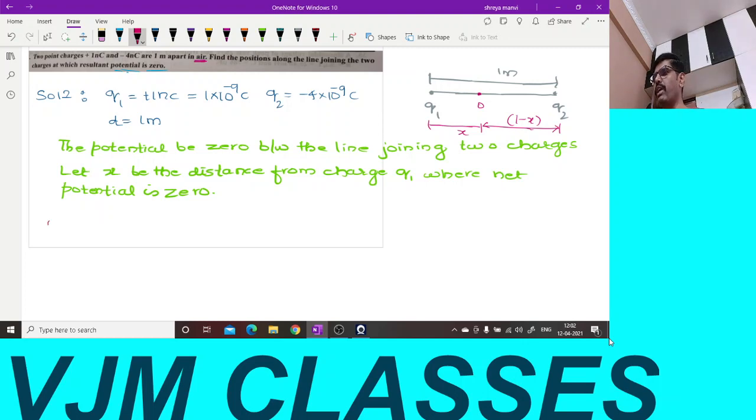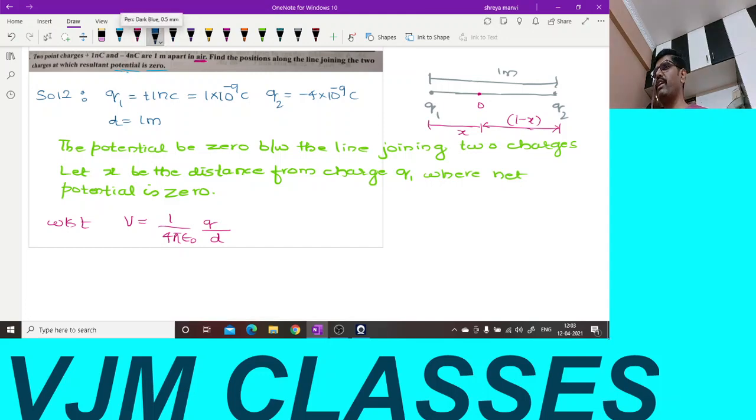So we know that if I take potential at any point due to a point charge, in general it is given by 1 by 4 pi epsilon naught q by d. This is the general formula to find out the potential at a given point.